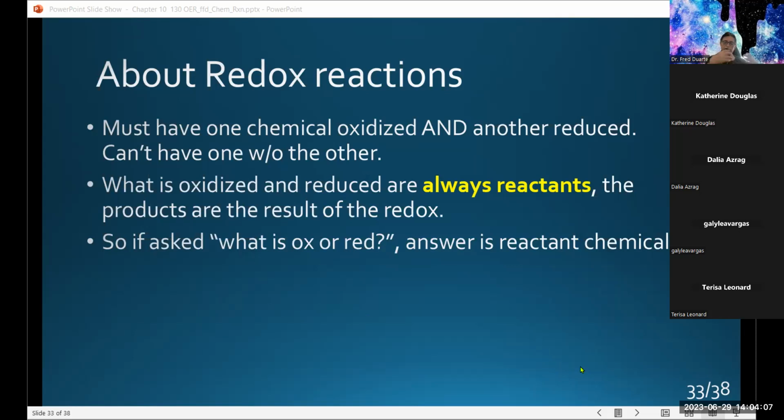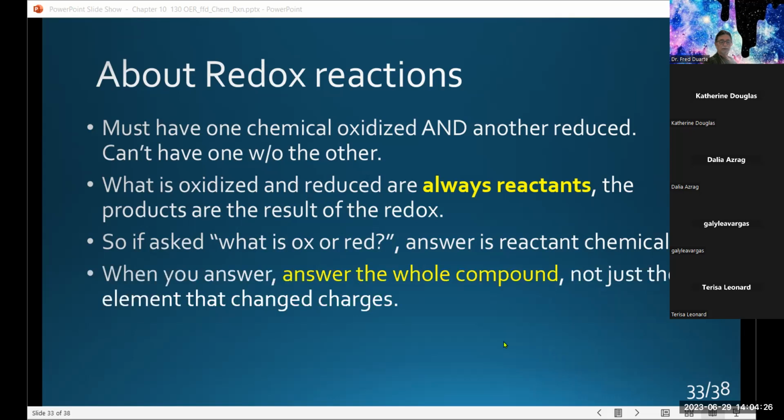And when we look at a reaction, we ask the question, what is reduced and what is oxidized? And whatever is reduced, we just say it's either the ion, if you're given an ion in the reaction, or if it's a compound, you give the full name for whatever the compound is. We'll give some examples of that here in a bit.